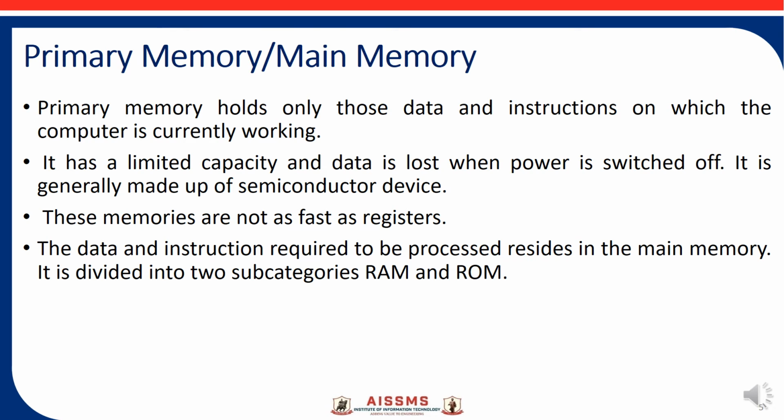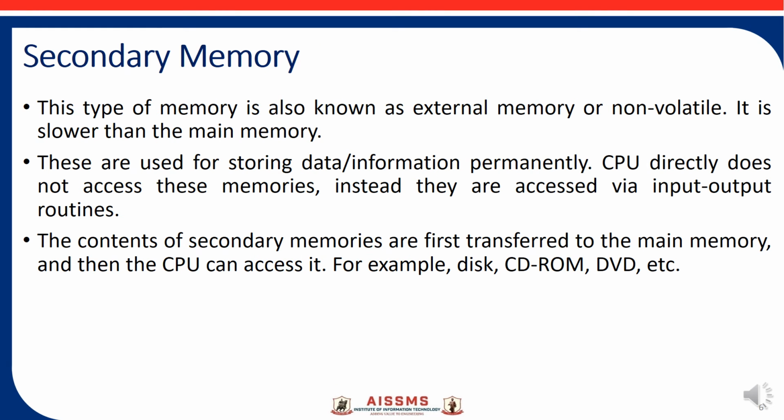Because if we store any data in a register, we can access it more speedily than with other types of memory. The main memory, where the data and instructions to be processed reside, is divided into two subcategories, that is RAM and ROM.